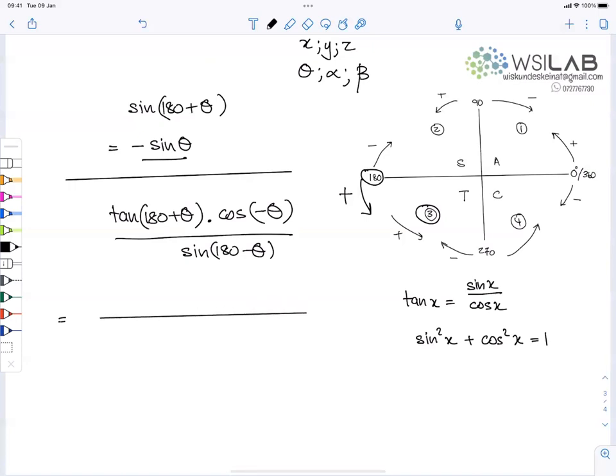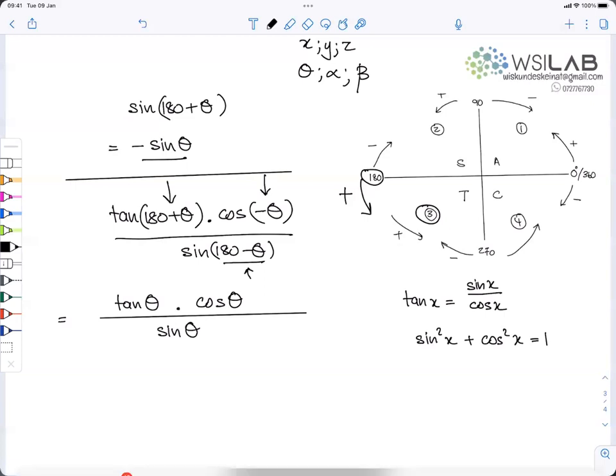Look what I'm doing. Tan(180 plus theta) is in the third quadrant. Happy with me? That means my tan ratio is positive, so that's positive tan theta. Minus theta is the same as 0 degrees minus theta. That's fourth quadrant, so cos is also positive. 180 minus theta is in the second quadrant, which means sin is positive, so that's positive sin theta.